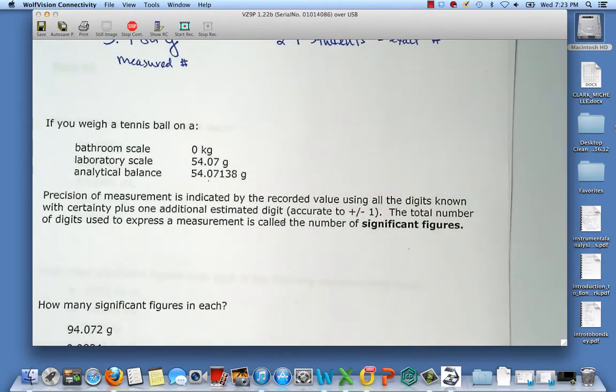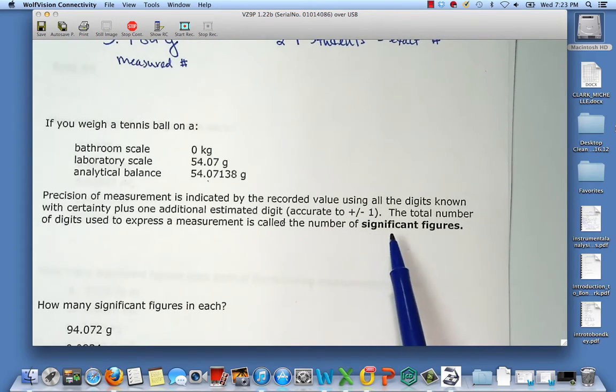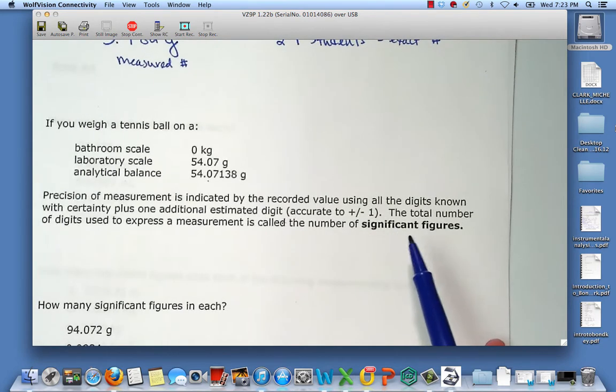Precision and accuracy, those might be terms that you've come across in other chemistry classes. We're not trying to get you to focus on that. The main thing is significant figures play a huge role in science.